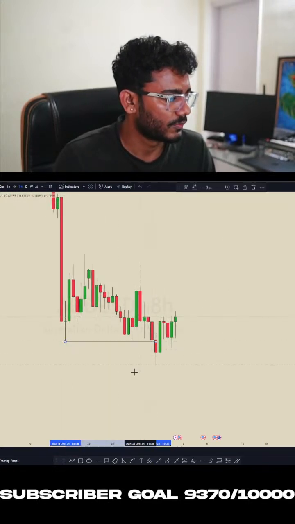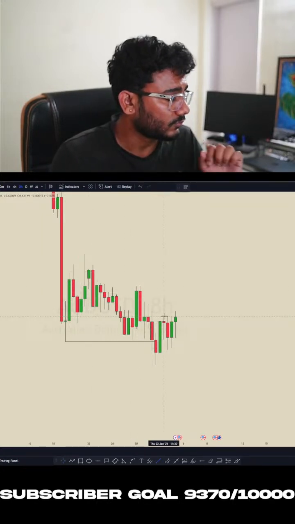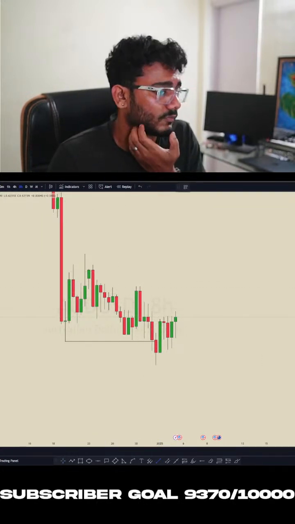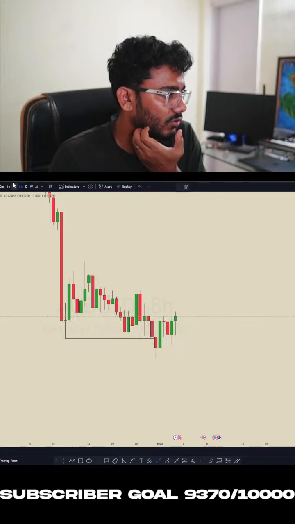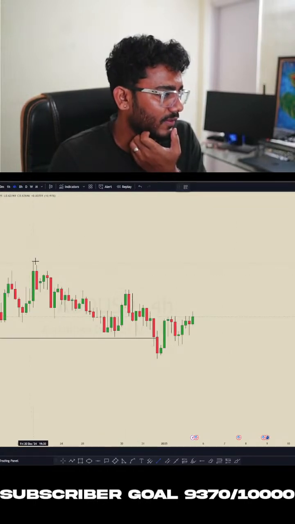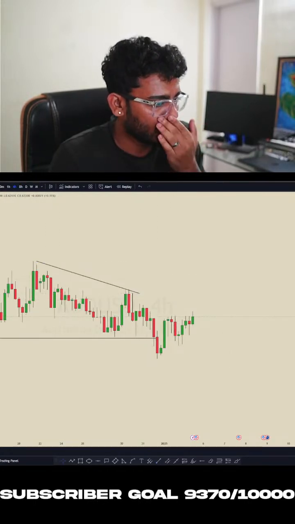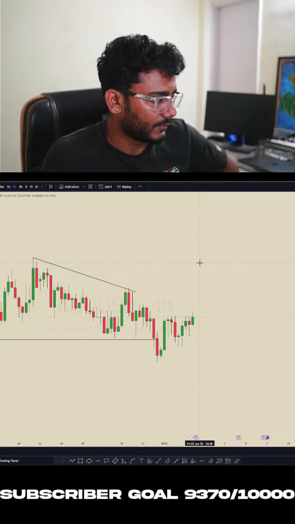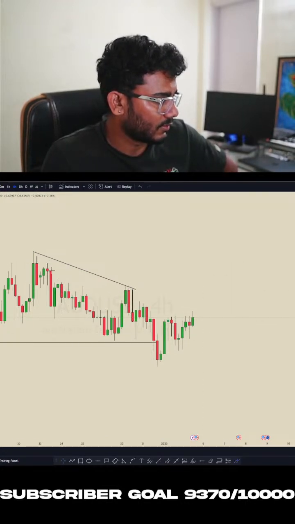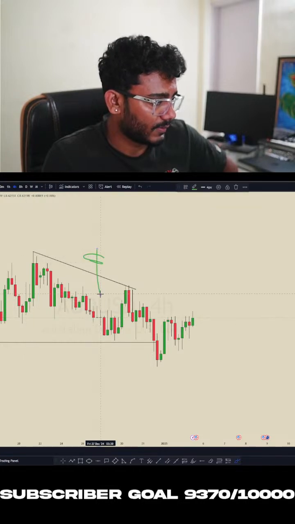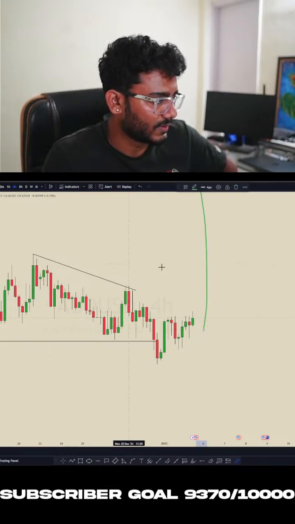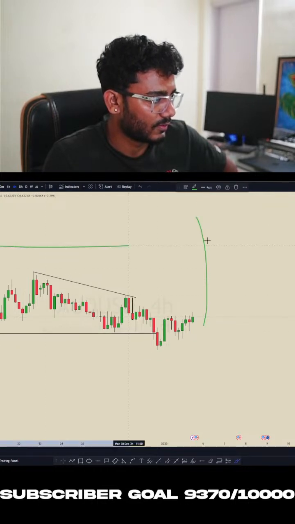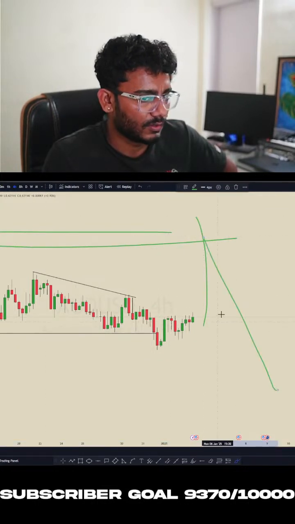Price broke this low, and there's no imbalance or order block at this area on 4 or 8 hour. On 4 hour, we can say everything is mitigated over here. So I think this is the area of trend line liquidity. So I think price will not respect this area. It will directly go and sweep these lower highs. It will tap this order block and it will go down from here.